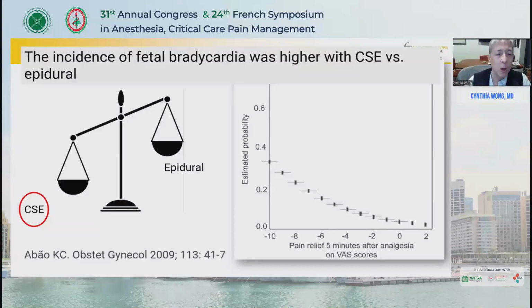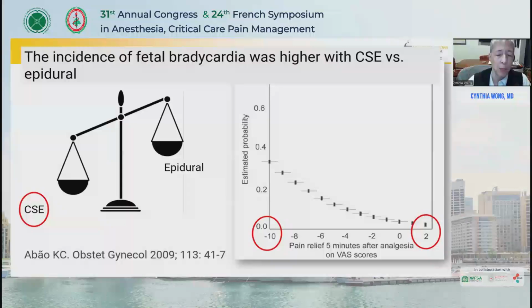The other thing that these authors pointed out was that the estimated probability of fetal bradycardia, which is on the y-axis of the graph, increases with the degree of pain relief. So, for example, if a patient started with a pain score of 10 before the initiation of analgesia, and afterwards they had a pain score of 0, so the change was -10, then they had a significantly higher risk of fetal bradycardia compared to a patient who basically had no change in their pain score.